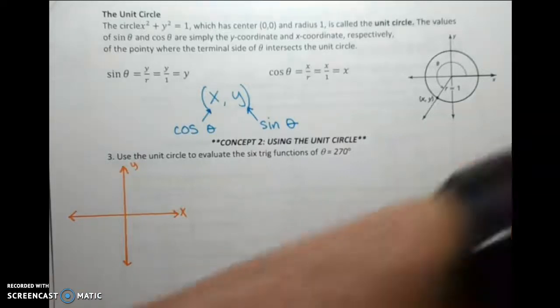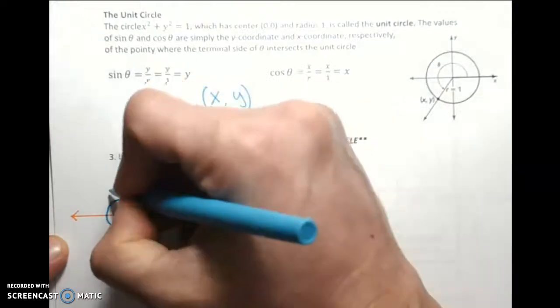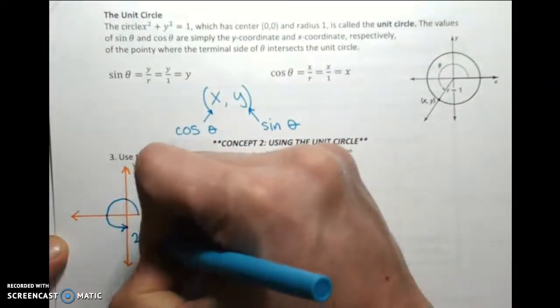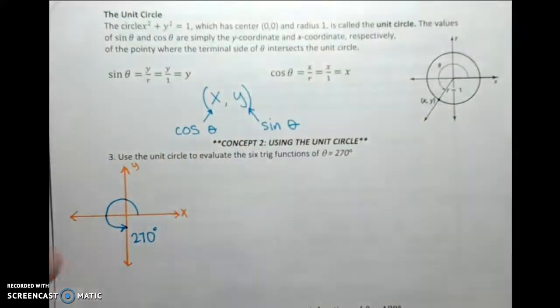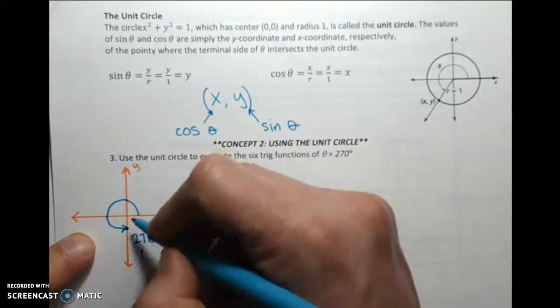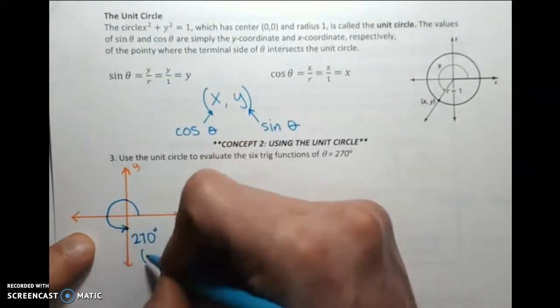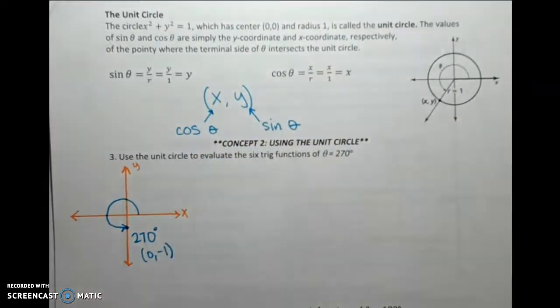If I go ahead and do this reference angle here, there is my point for 270 degrees. What is that point right there? Well, it's 0 right or left, down 1, because r is 1. So 0, negative 1.